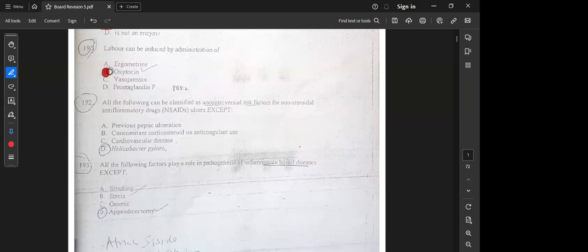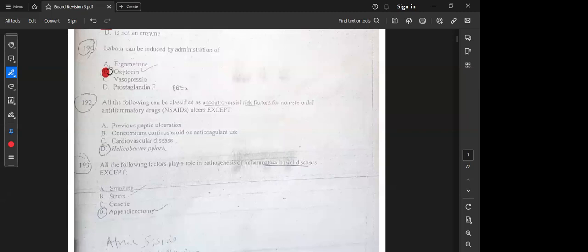All of the following can be classified as uncontroversial risk factors for NSAID ulcers except: previous peptic ulceration, concomitant corticosteroids or anticoagulant use, cardiovascular disease, Helicobacter pylori.